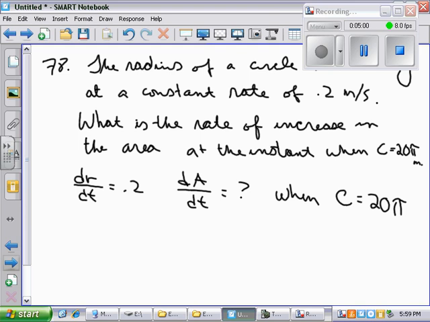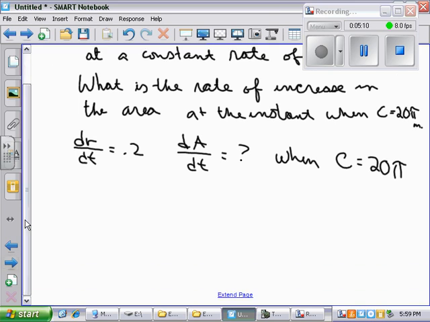So they gave me dr/dt. They're asking me for dA/dt. What do I need a formula for? The area of a circle in terms of the radius, right? So what is the area of a circle? Pi r squared. So when we take the derivative of both sides, we'll have dA/dt on one side, dr/dt on the other, and hopefully we can figure it out. Okay, so we've got dA/dt equals, and what would be the derivative of the other side? 2 pi r dr/dt.